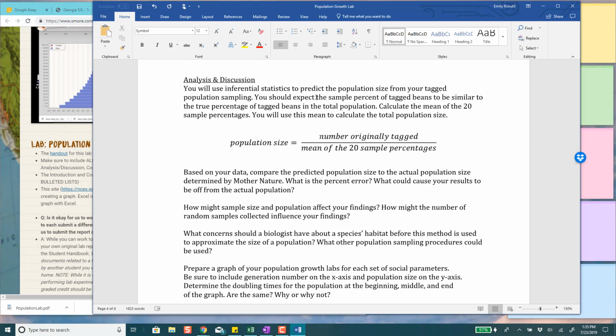We want to expect the sample population percent of tagged beans would be similar to the true percentage of tagged beans in the total population. So we're going to calculate the mean of the 20 percentages. To do that, we're going to take the number originally tagged and then the mean of the 20 sample percentages.